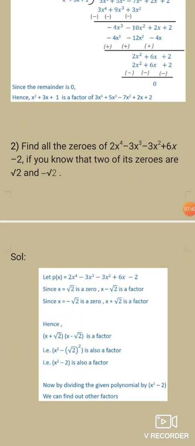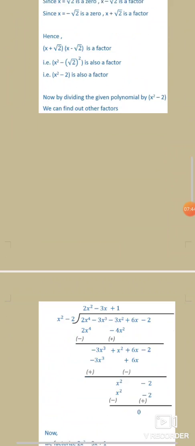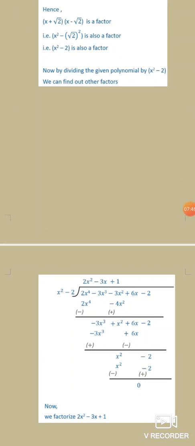When we divide it, the quotient is what? 2x square minus 3x plus 1, and the remainder is equal to 0.